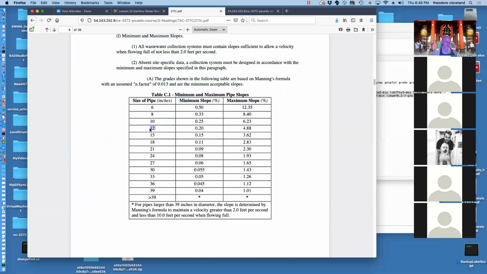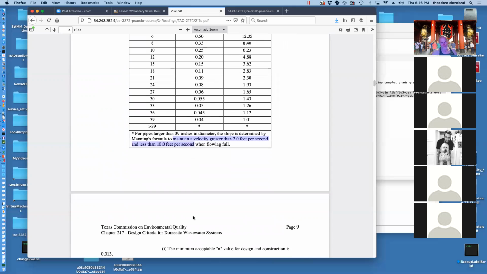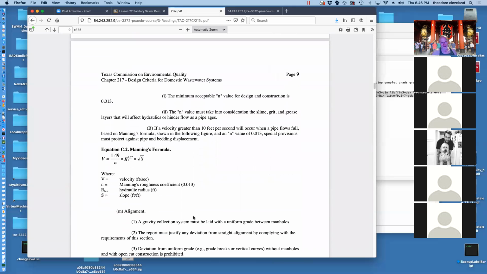The minimum slope is enough slope to guarantee that the sewage will flow in the pipe at least 2 feet per second and less than 10 feet per second. So the min-max are selected between these ranges in order to satisfy that requirement stated there. The velocity decision is made to convey solids to the outfall.